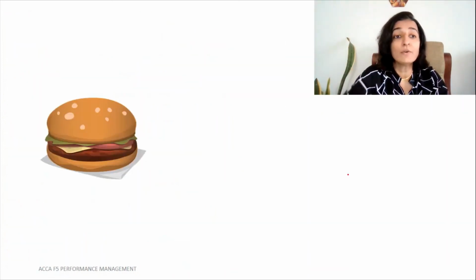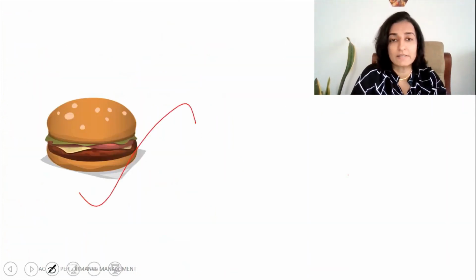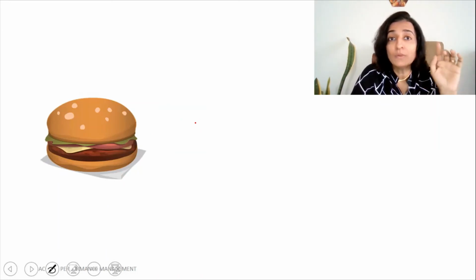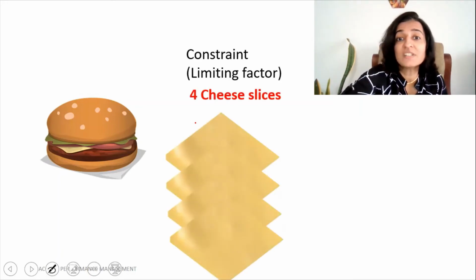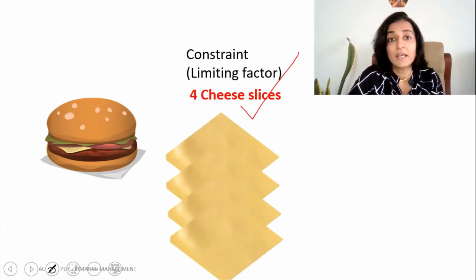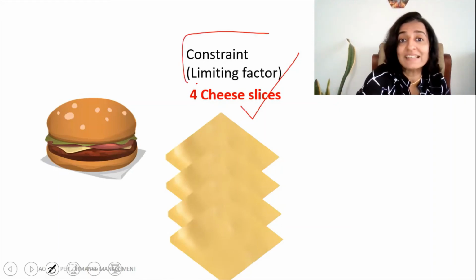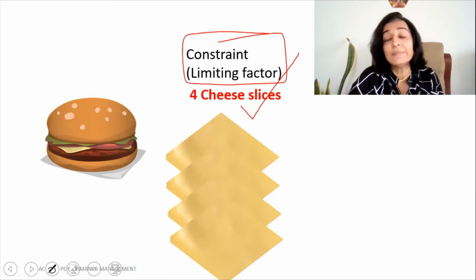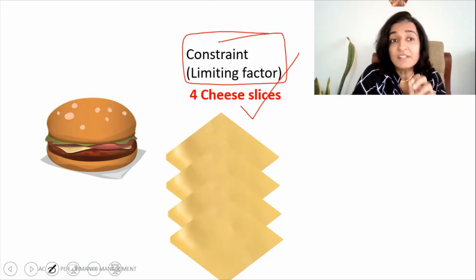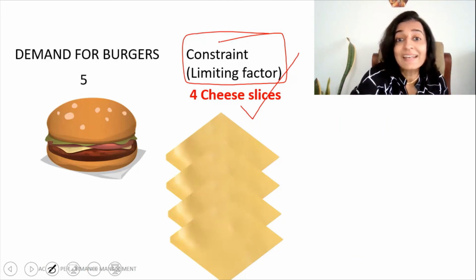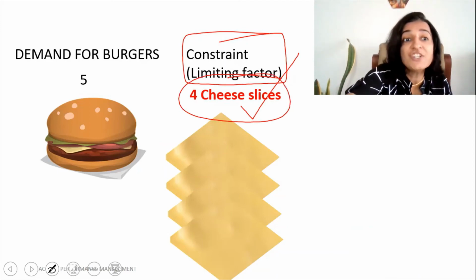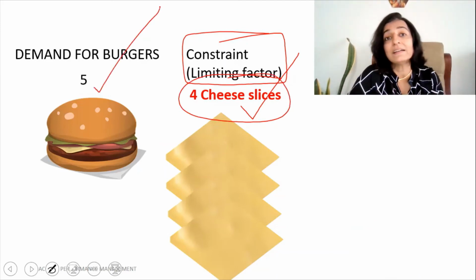Suppose you are involved in making burgers, and for each burger, you need a cheese slice. Suppose the number of cheese slices that you have with you is just 4, which means that cheese is a constraint or a limiting factor. Now, if the demand for your burger is 5, then it means that the cheese is insufficient to satisfy the entire demand because we have got just 4 cheese slices.